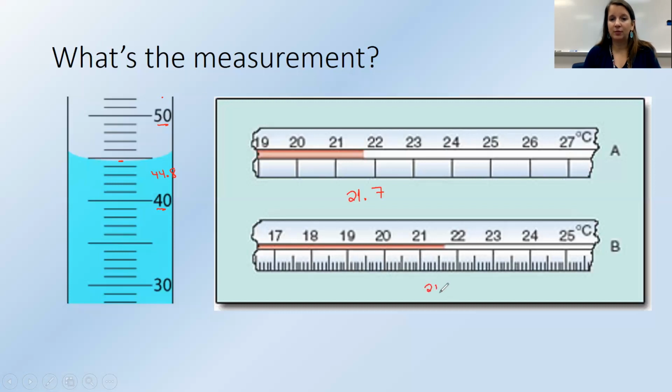So when we say 21 point, we see that this line here goes down to like the 7. So we might estimate one extra digit and say 0.71, or we might put 0.70. The importance is that you put that extra digit indicating that this measuring device can give us a measurement to that value.